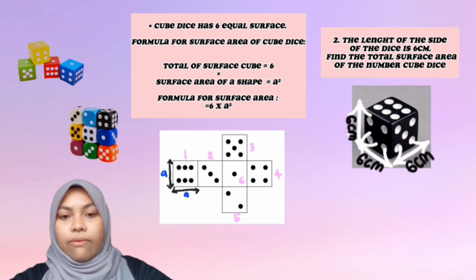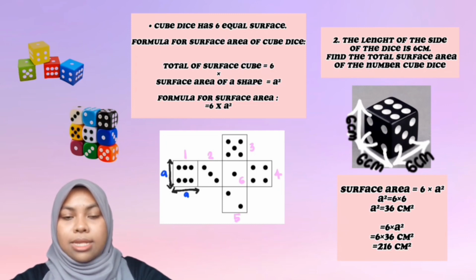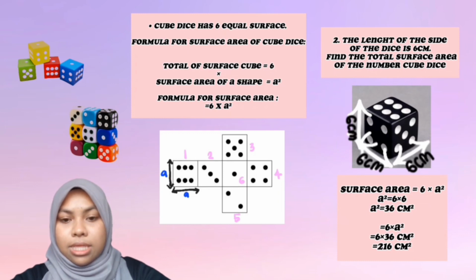Find the total surface area of the number cube dice. Surface area equals 6 multiplied by a squared. A squared equals 6 multiplied by 6, which is 36 cm squared. So, the answer for the surface area of the cube dice is 6 multiplied by 36 cm squared. So the answer is 216 centimeters squared.